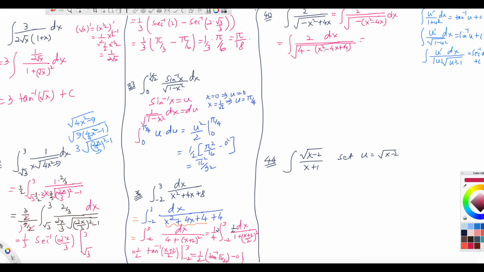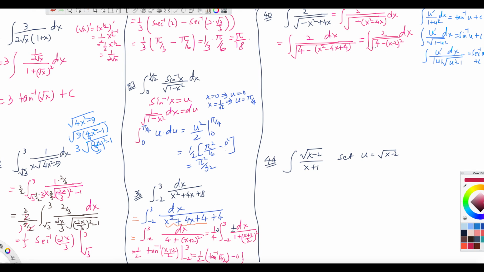So this can be written as x minus 2 times x minus 2, that factor. So you can write this as the integral of 2 over the root of 4 minus x minus 2 squared, dx. Again we need 1, so I need to take 4 out.